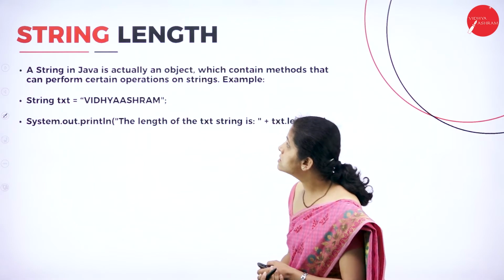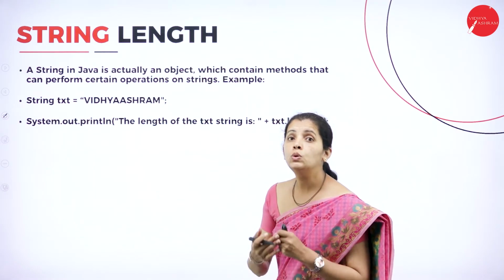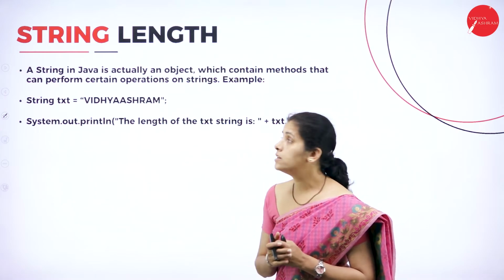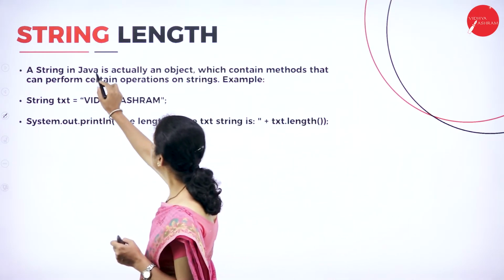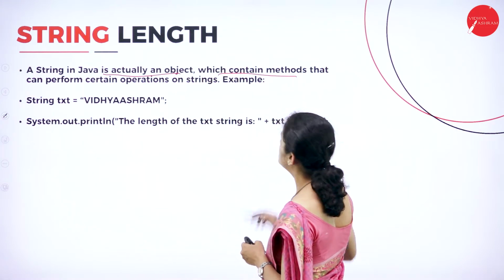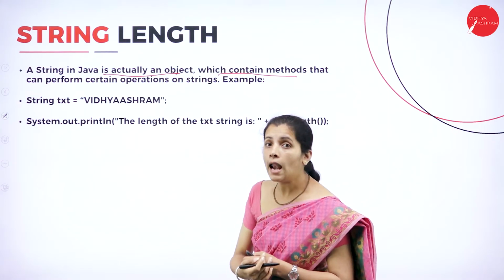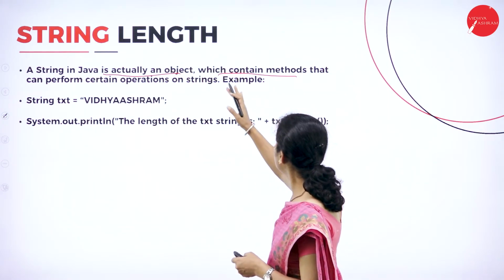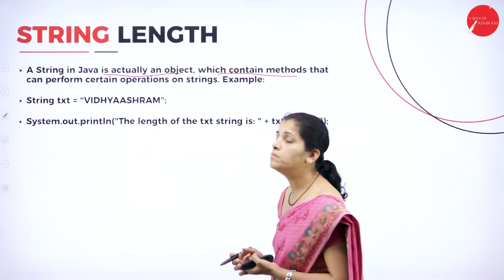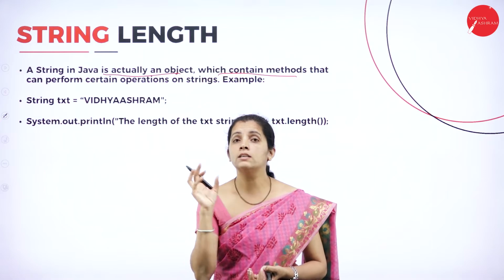Now Java supports many methods to support string. Here a string in Java is actually an object which contains methods as well as some properties. Along with that, it is mainly used to perform certain operations. So in Java, what is string?